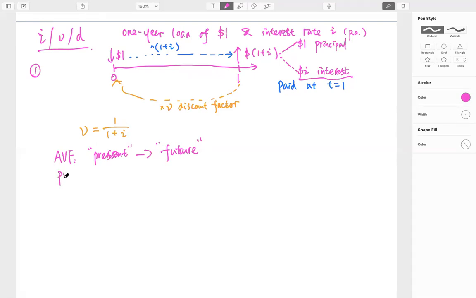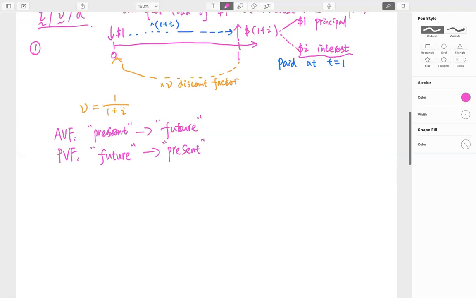What the present value factor, PVF, does is exactly the opposite: it converts some value at a future time to the amount at the present time. Of course, future and present are relative concepts. In this example, 0 is present and 1 is future. But if I have a second year, then 1 is present relative to year 2. So far I have explained i and v.